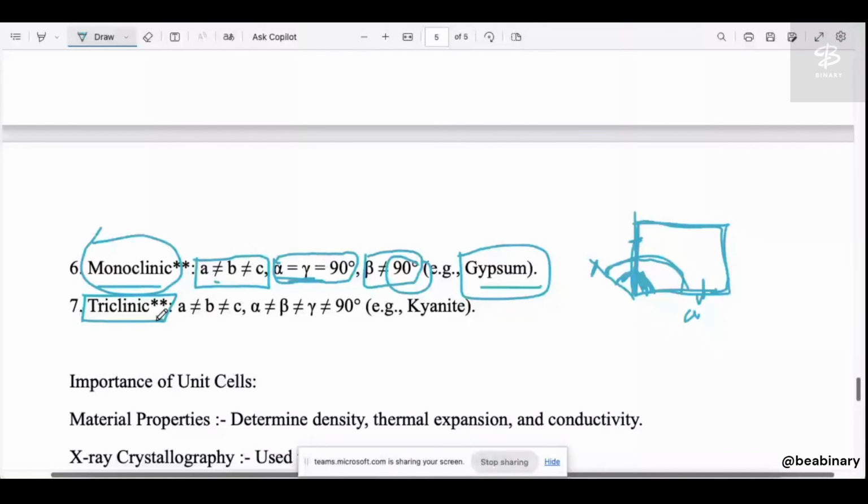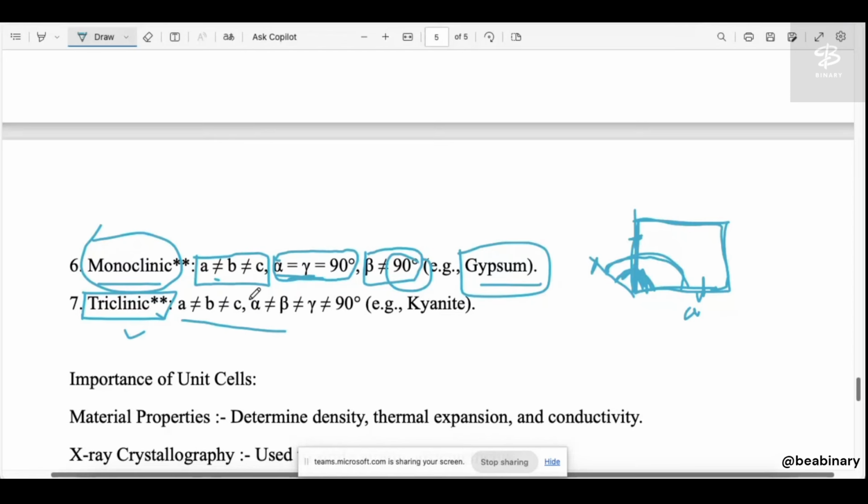So if we talk about the triclinic, what is the difference? You can easily think about it: all are not equal. A is not equal to B, B is not equal to C. Alpha is not equal to beta, beta is not equal to gamma, and none of them is equal to 90 degrees. Keep in mind one thing: you cannot just say it like this, you have to mention these terms as well.